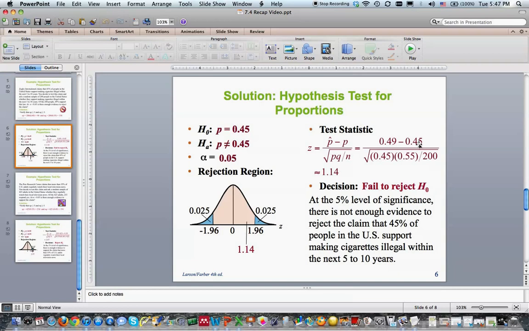Subtract what they gave us, 0.45, and divide that by the square root of p, which was 0.45, times q, 1 minus 0.45 is 0.55, and then divide by our 200. That gives us a 1.14. Therefore, 1.14 is in this region, which is fail to reject. So at the 5% level of significance, there is not enough evidence to reject the claim that 45% of people in the U.S. support making cigarettes illegal within the next 5 years.